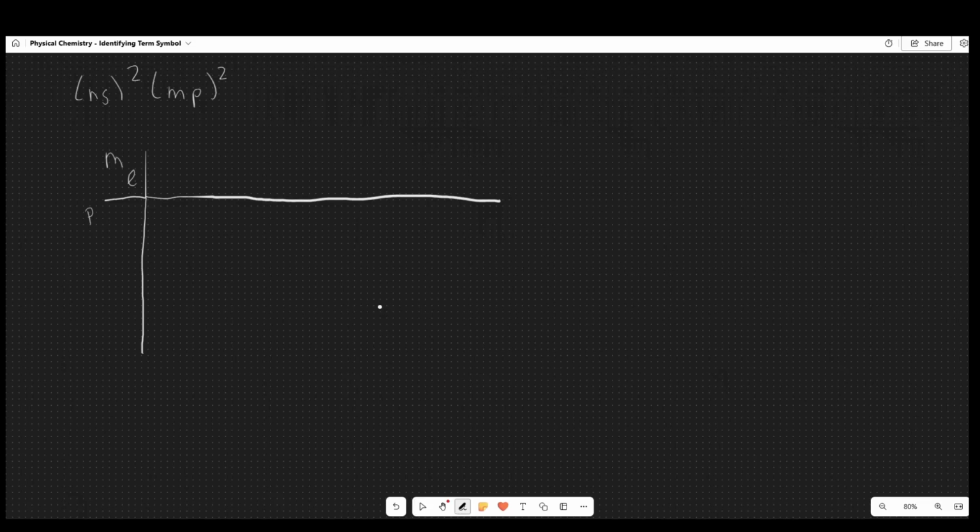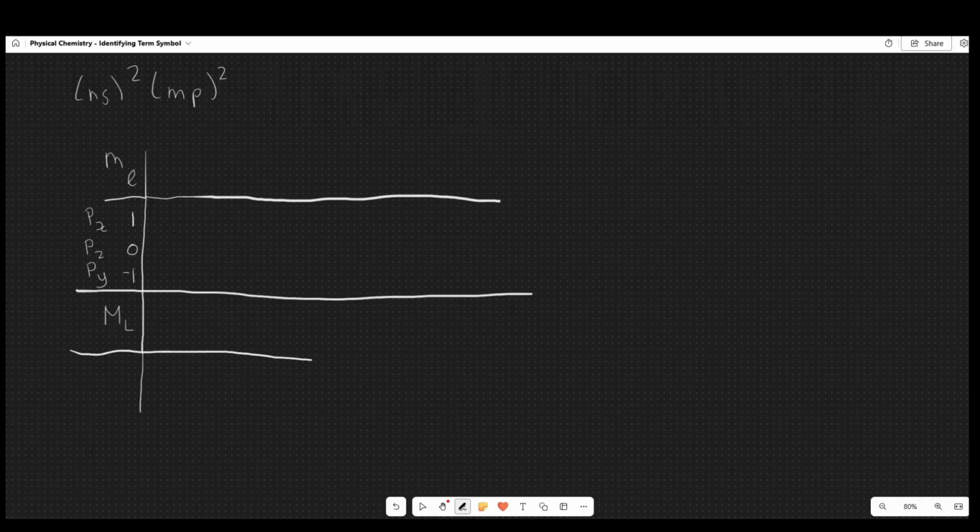So we have px, pz, and py, and we denote the m sub l values for these as 1, 0, and -1. And then I'll write capital M sub L as the amalgamation of the different possibilities that I'll be drawing. And then we have an M sub S, which we'll be looking at for the spin.